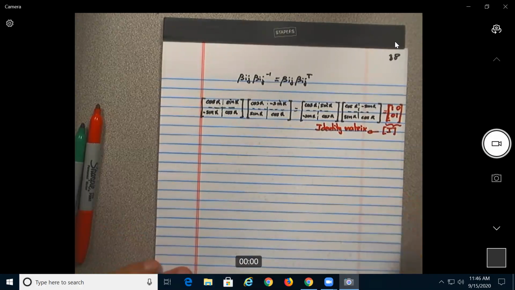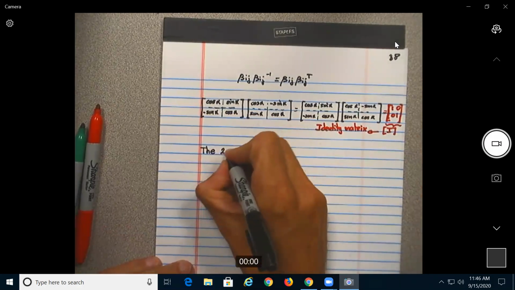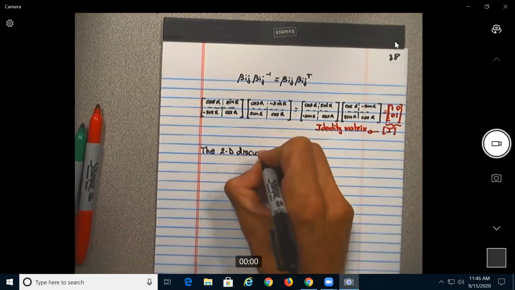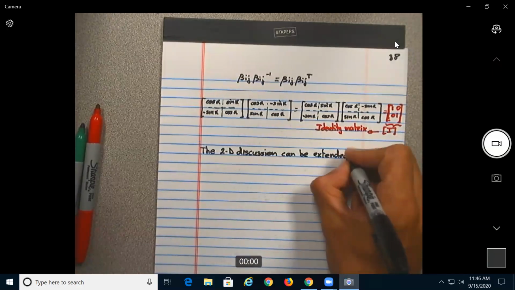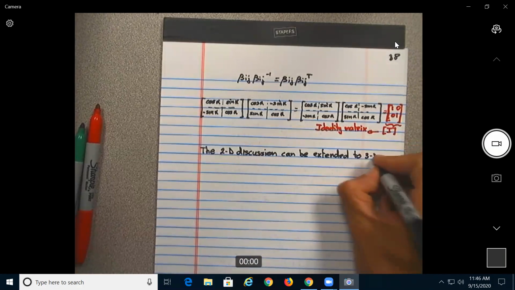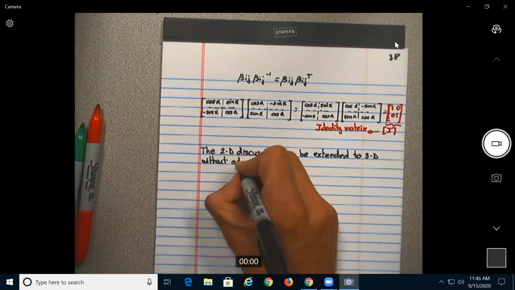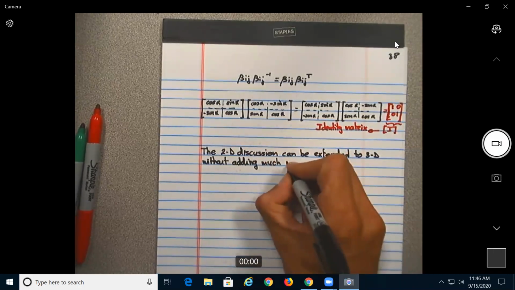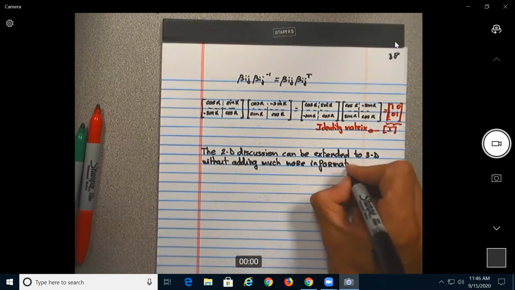The 2D discussion or derivation can be extended to 3D without adding much more information.